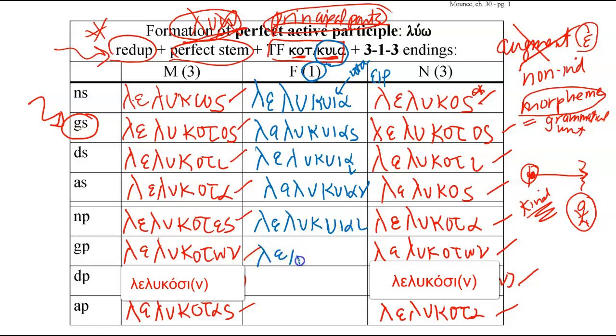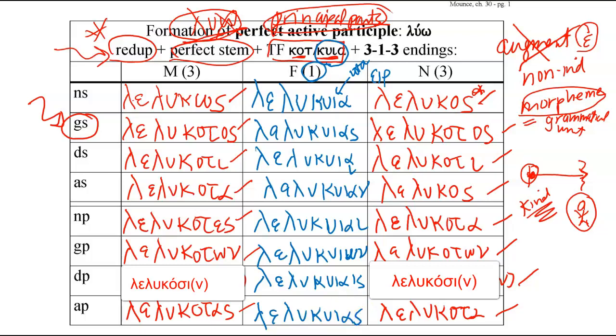The genitive plural is leluquion. The dative plural is leluquiais, and the accusative plural is leluquias.